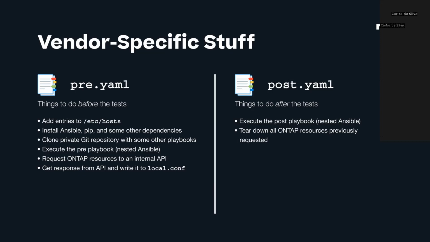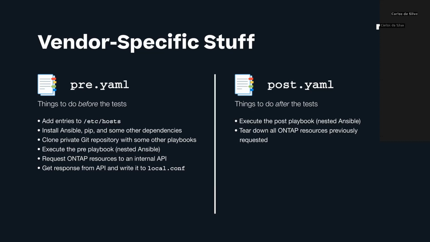We run this nested Ansible to request ONTAP resources, like the information from the ONTAP clusters that we maintain: IP addresses, the username, the password, and any other information useful for building a local.conf file for ONTAP. We get this response and write it to the local.conf file.